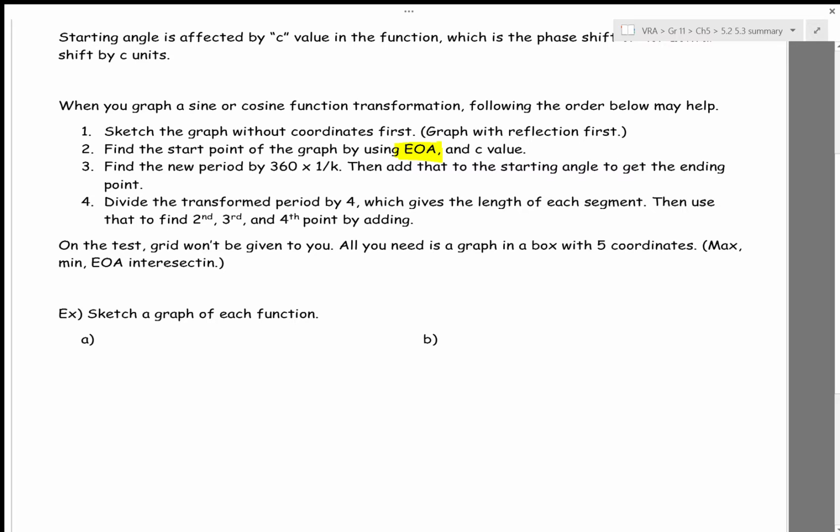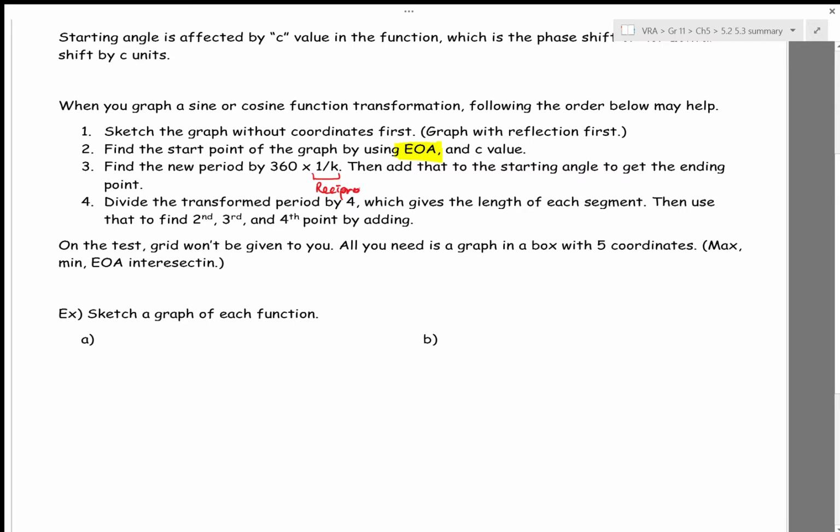That's where your graph starts, because your graph moved that much horizontally, right? And then number 3, find the new period by 360 times 1 over K. If there's a K value, make sure you take the reciprocal of it. 1 over K just means the reciprocal of whatever the K value is, okay?